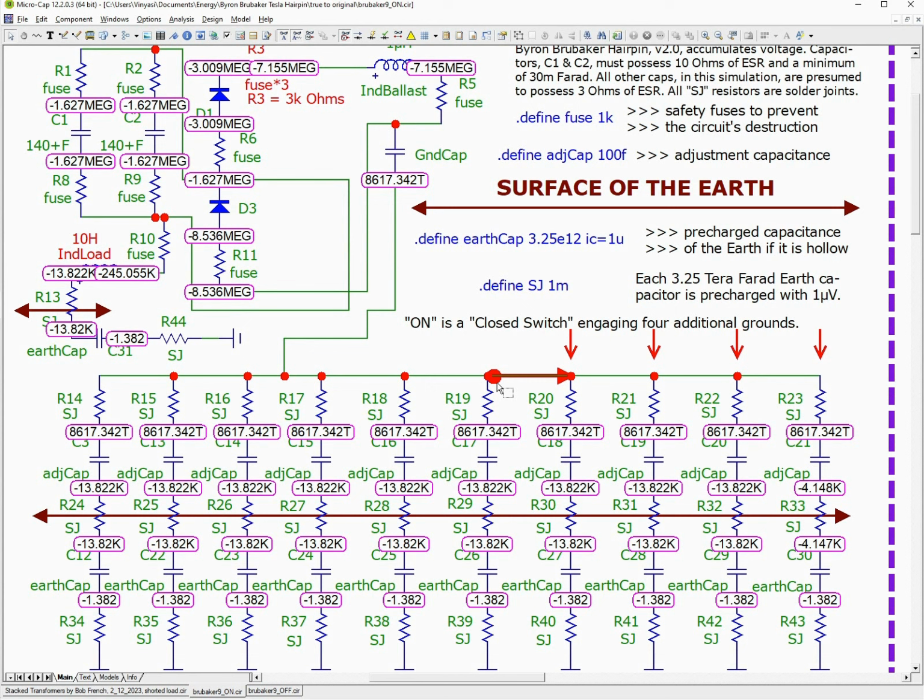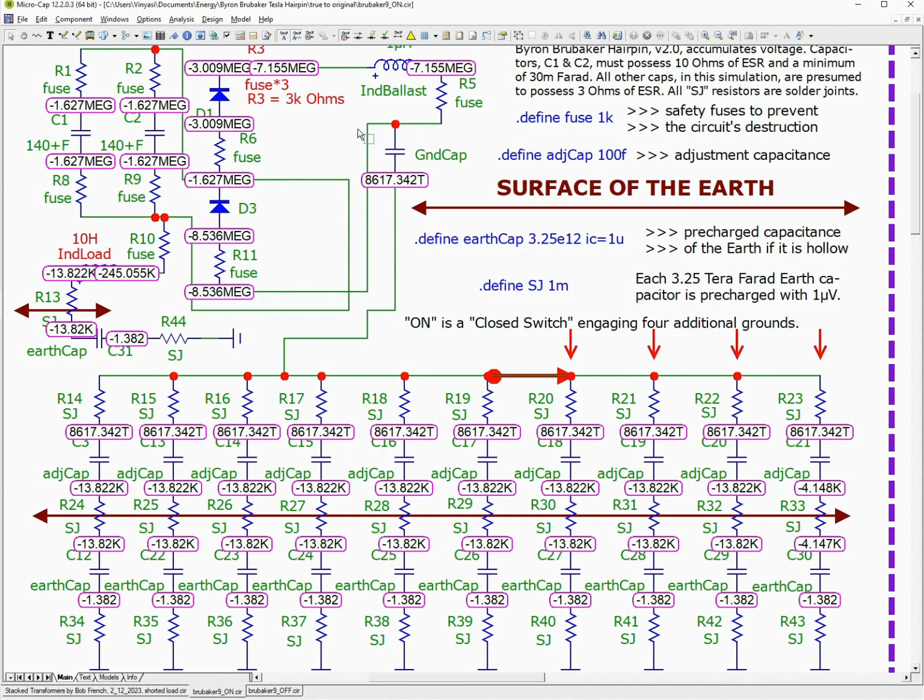If you run it to the limit of Micro-Cap's ability to continue to simulate, these values up here get to be e to the 24. So the nodal voltages are huge. But even this is huge. Teravolts, mega... well, this is below the Earth, so it doesn't count, but above the Earth, it starts to build up, especially right here and here.